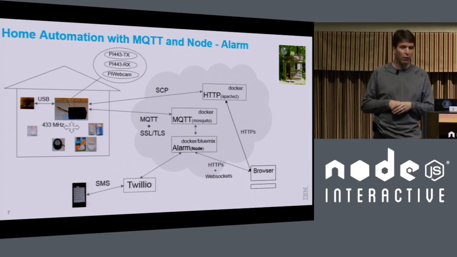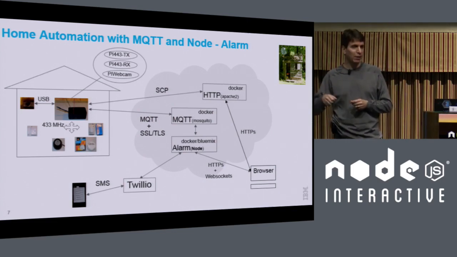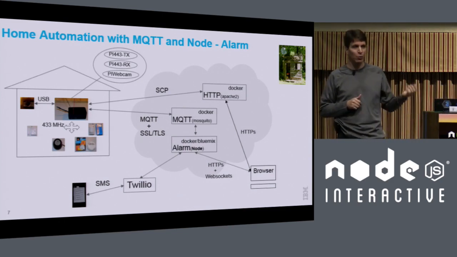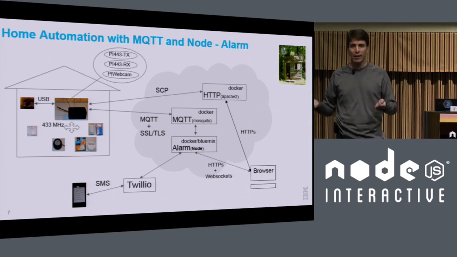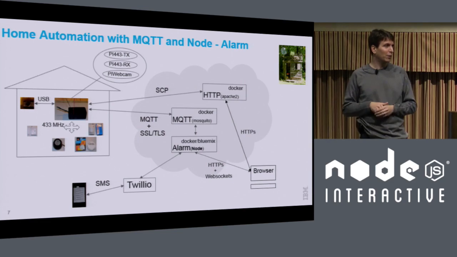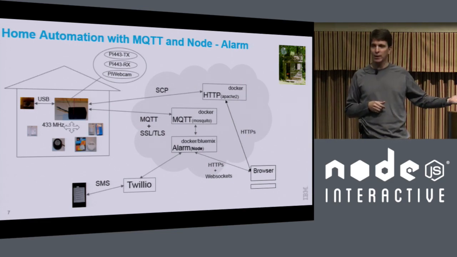Or the Pi433 TX basically takes an MQTT message and says, okay, I'm going to send out a message over RF based on that. There's also a connection to a USB camera, so there's a process that talks to that USB camera, again connected through MQTT, so that when it gets a message on MQTT saying please take a picture, it goes off and takes that picture for you.